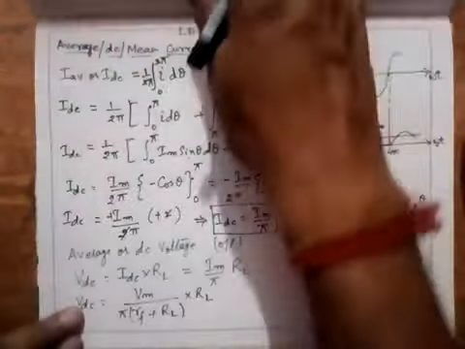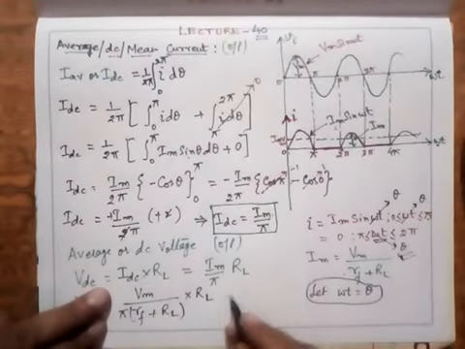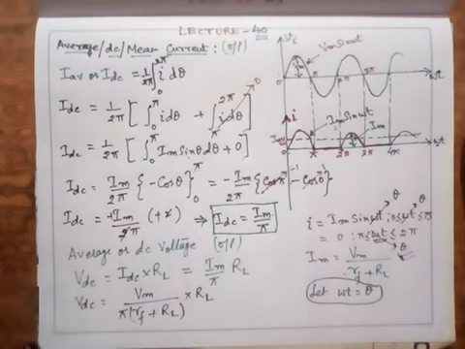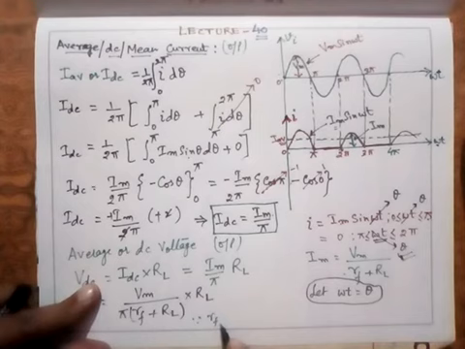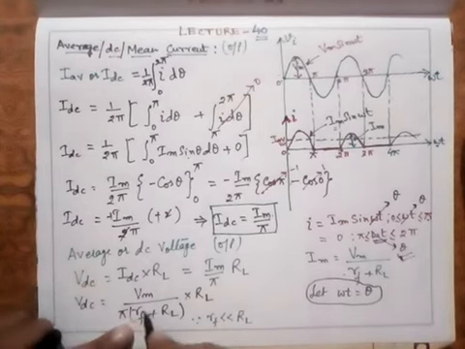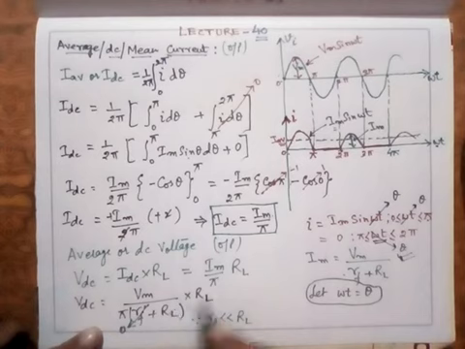So since RF is far less than RL, I am assuming that RF is tending to 0, or rather ideally this is 0. RF is 0 and this RL will cancel.